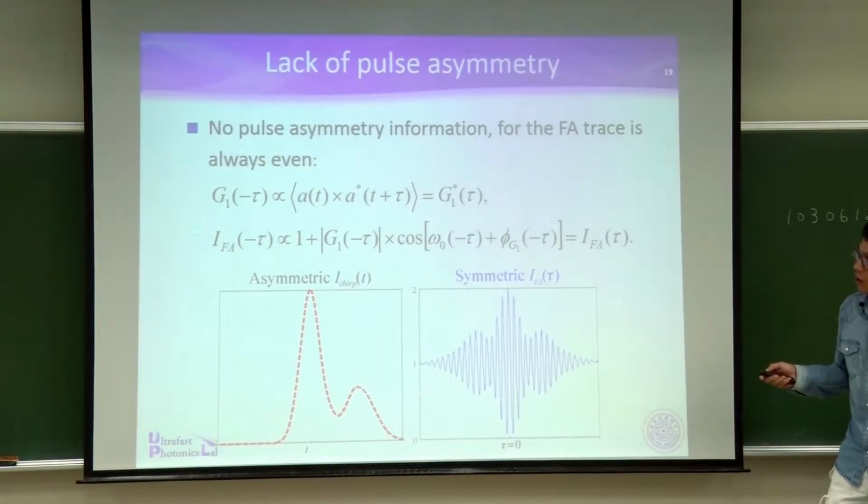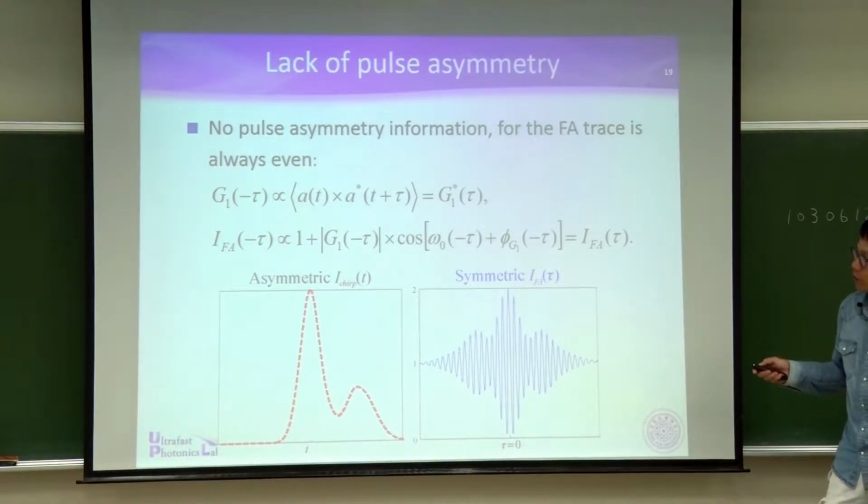Then if you look at IFA of minus tau, IFA is the field autocorrelation trace. It's equal to 1 plus G1 of minus tau absolute value times cosine of omega 0 times minus tau plus the phase of G1 with minus tau.